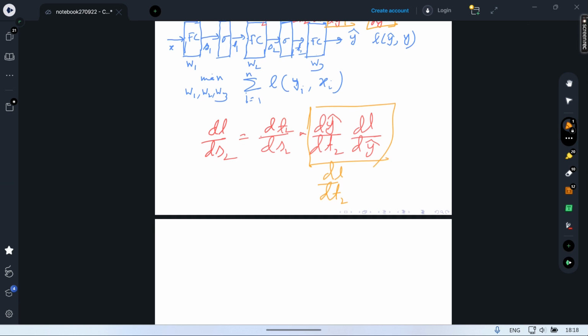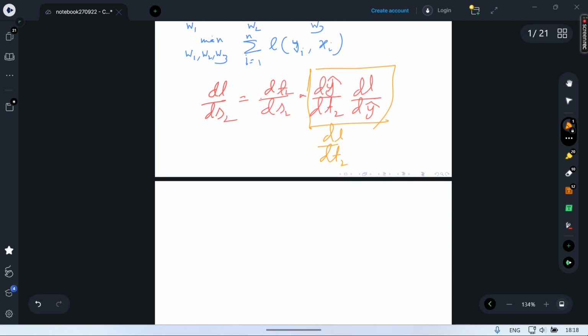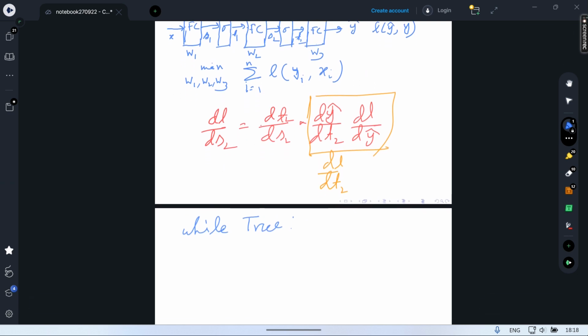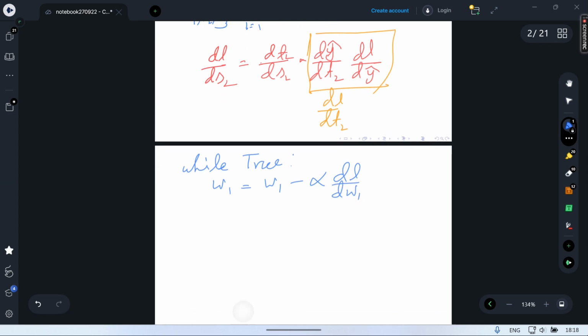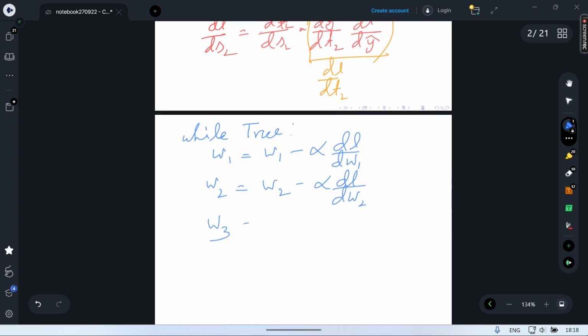Once you have calculated the derivative, during training you update your parameters like this: while true, update all the parameters, like w1 is equal to w1 minus some learning rate multiplied by dL/dw1, then w2 is equal to w2 minus alpha dL/dw2, and w3 is equal to w3 minus alpha dL/dw3. So once you have calculated the derivatives, you update the parameters of the model like this.